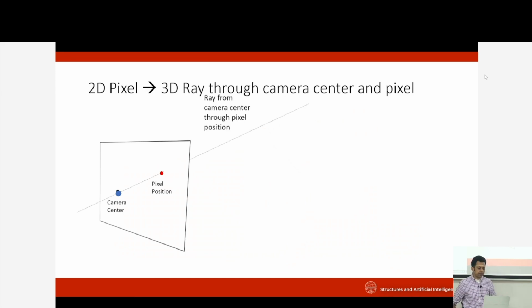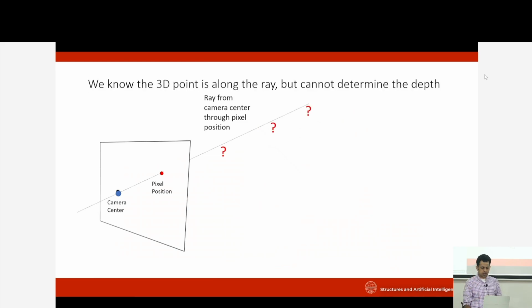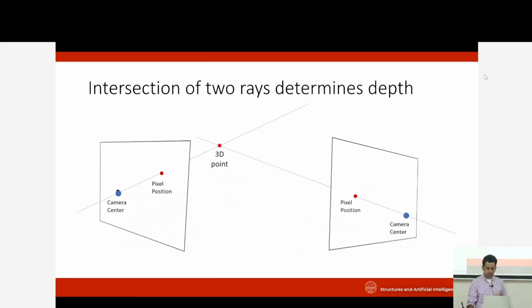Now, if we have a camera center, then we can cast a ray from the camera center through the pixel position, and we know that the real object that was photographed intersects that ray. We don't know how far it is along that ray, but at least we know that it intersects that ray. So we know the 3D point is along the ray, but we cannot determine the depth.